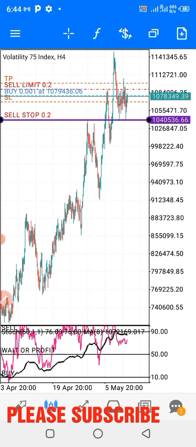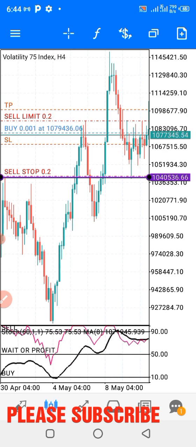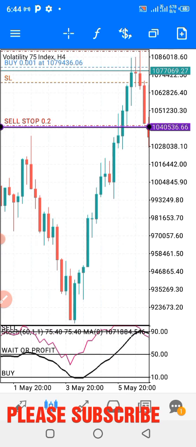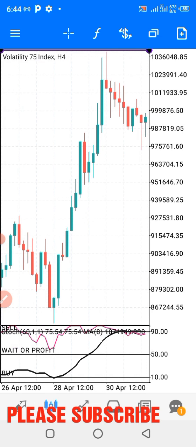Or, at times when they meet at this level, they undergo oscillations. That oscillation leads to the formation of wicks. Let me show you. Formation of wicks. Okay, let me show you what I mean by wicks.